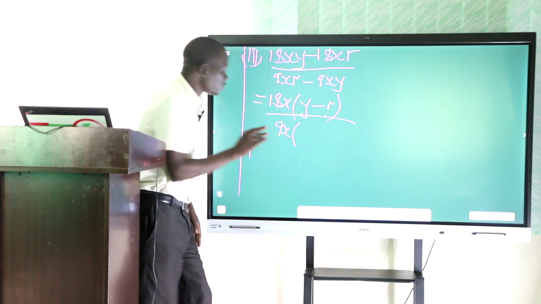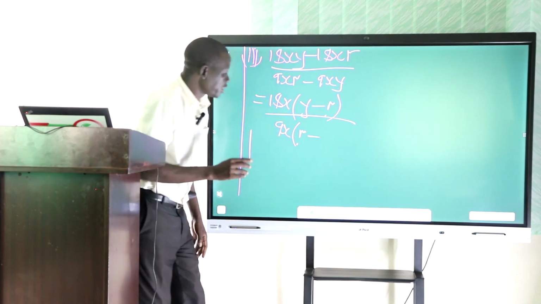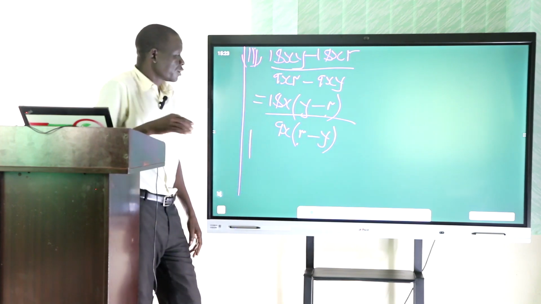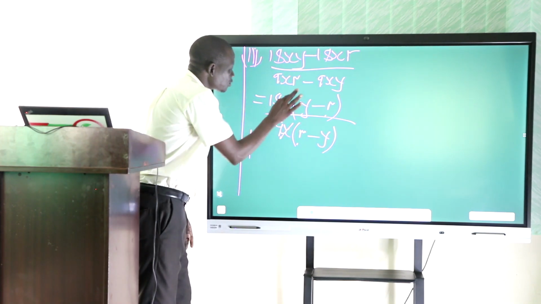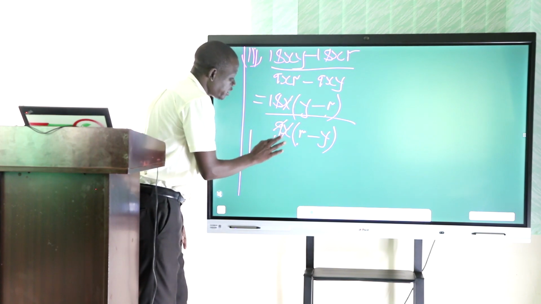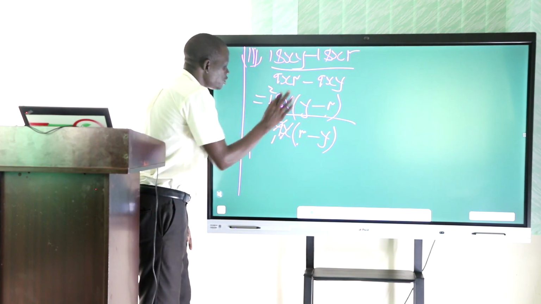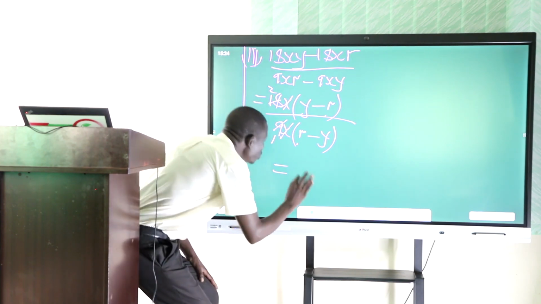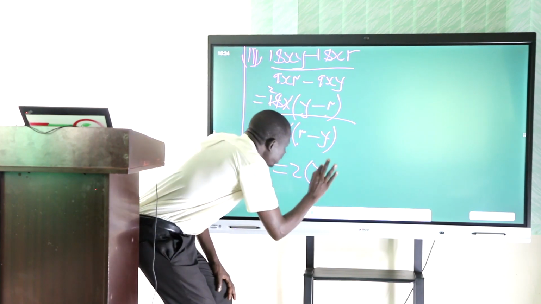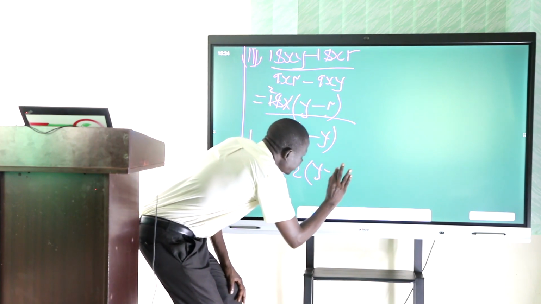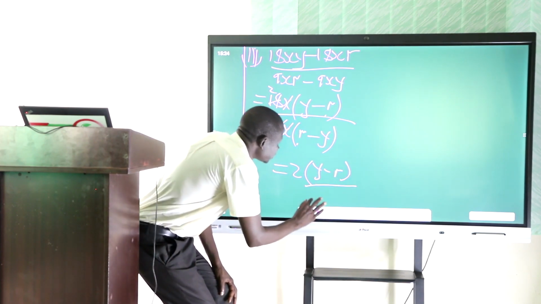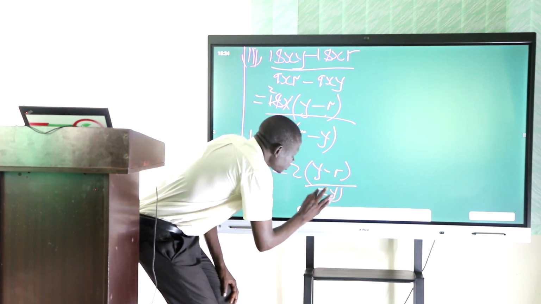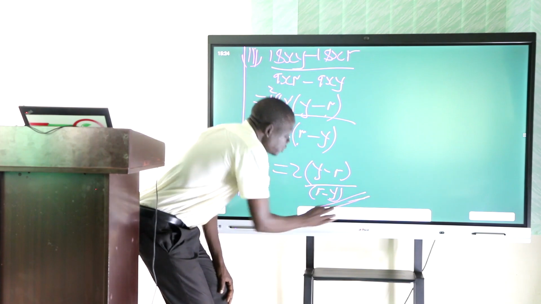Inside there, we are left with r minus y. So from there, the x will cancel with the x. 9 by 9, 1, 18 by 9, you get 2. So our answer will now be 2 into y minus r over r minus y. So this becomes the final answer.